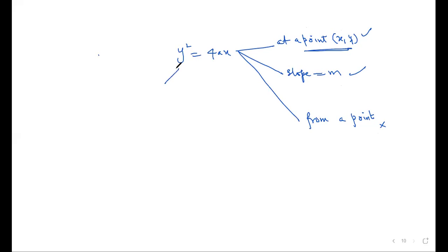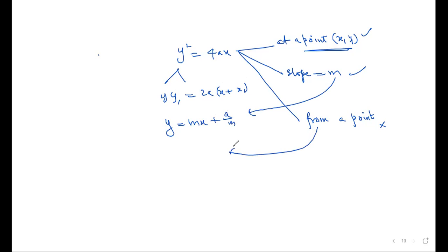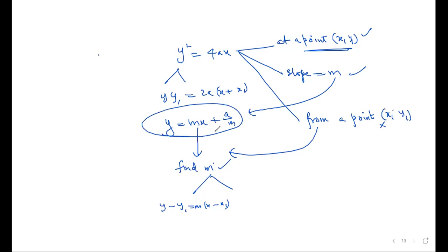Formula for this is y y1 is equal to 2a into x plus x1. Formula for this is y equal to mx plus a by m. For this there is no formula, but find m by substituting the point. This point, you substitute in this, you get m. And once you know the slope, you can use the slope point formula and get the equation of tangent. Or you can substitute in this also and get the equation of tangent. Is it clear? Understood? Yes, sir.